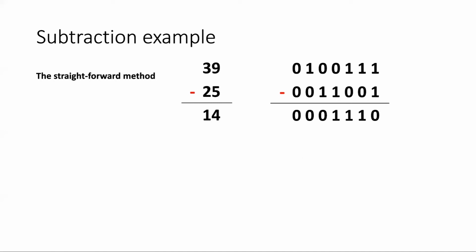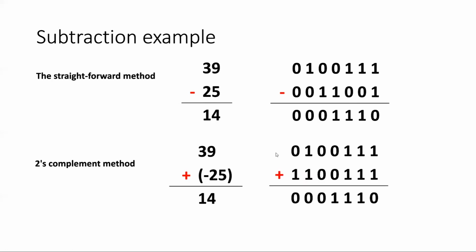But in the 2's complement method, what we do is that we add up 39 with 2's complement of 25. So this is logically equivalent to the previous operation. And we expect it to give us the same result.